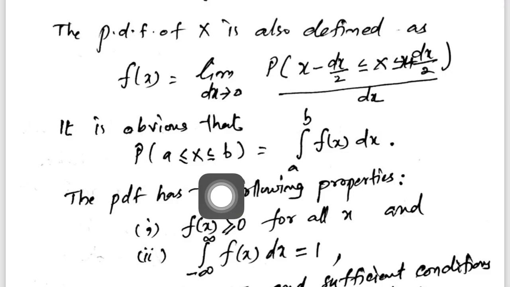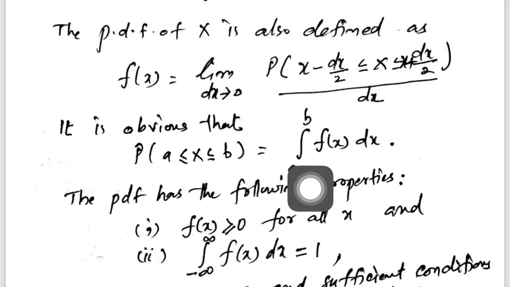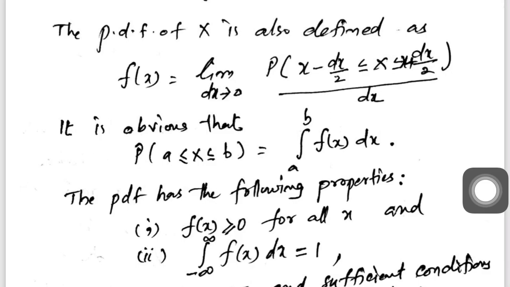It is true always for all real numbers: the probability that x takes a particular real number is equal to 0. So for a continuous random variable, probability is not defined at a particular value. Whatever be the value, the probability that x takes a particular value is equal to 0 because of this concept.